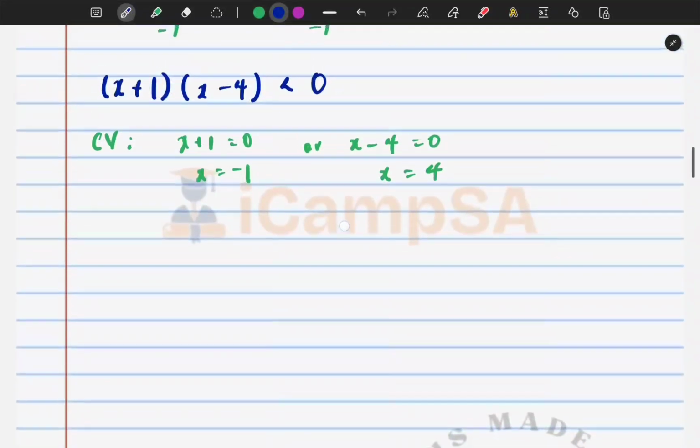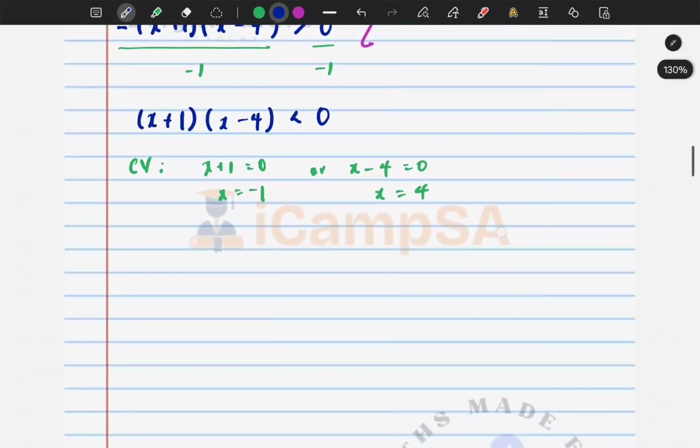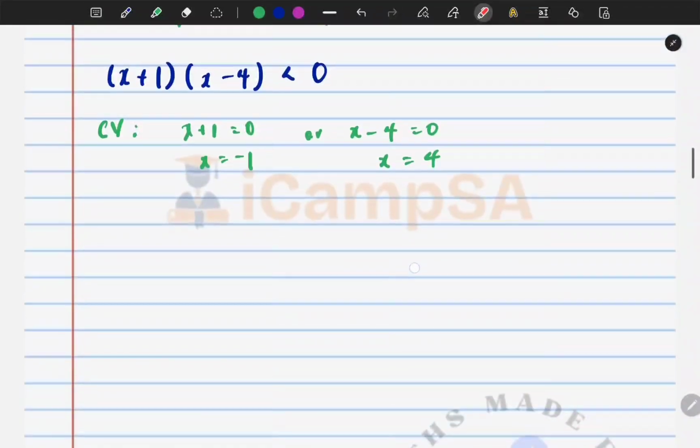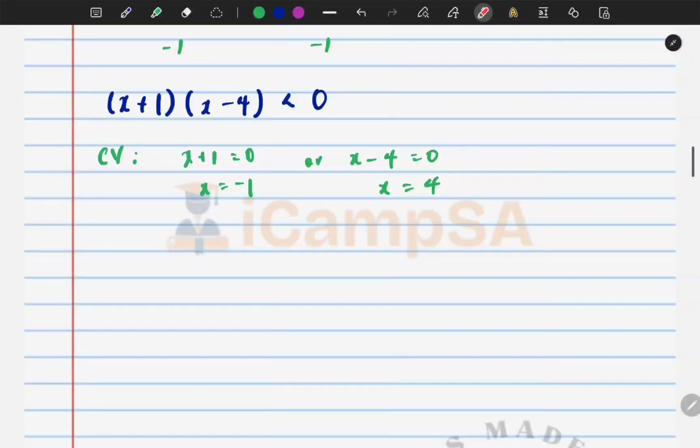With the graph method, I can see that x times x is going to give me x squared, right? So what am I going to use? The graph method.